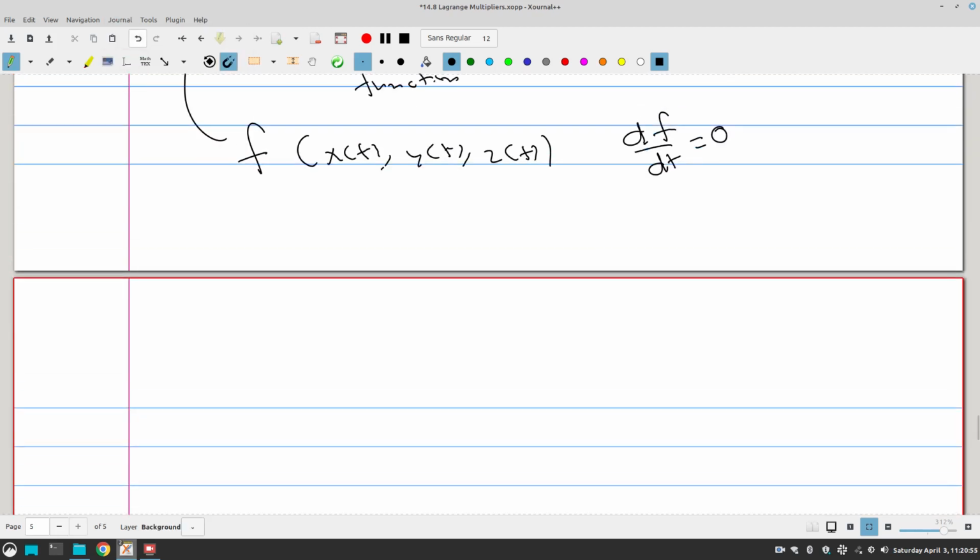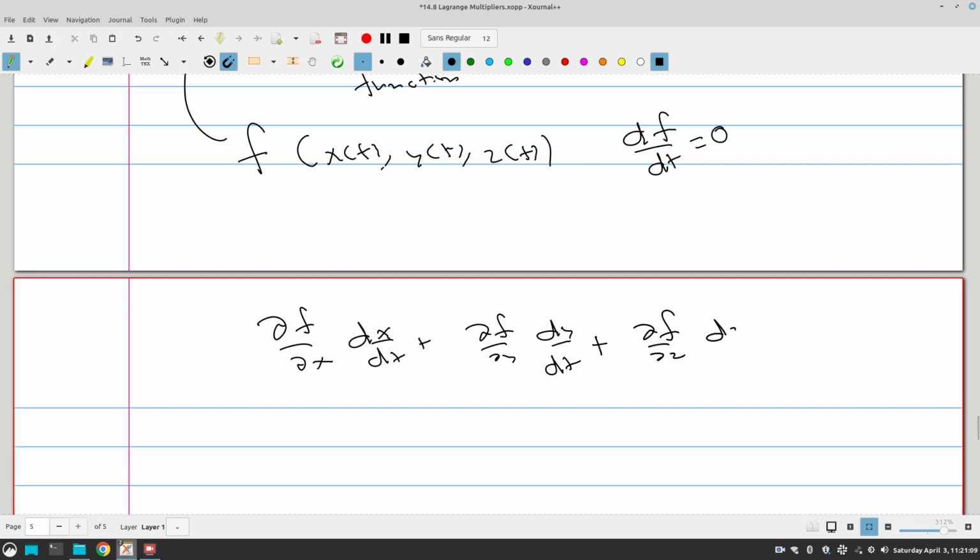I get partial f over partial x times dx over dt plus partial f over partial y times dy over dt plus partial f over partial z times dz over dt equals 0. Or in other words, del f dot r prime t equals 0.